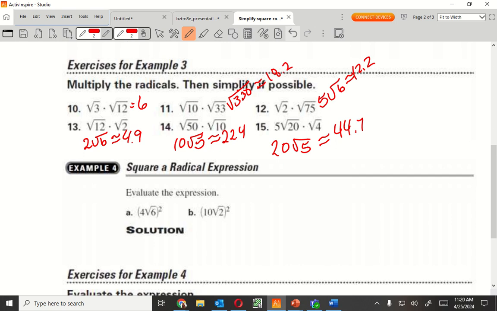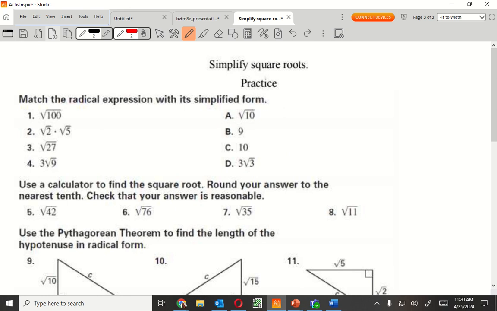Now, other people have been looking at the homework already, and one of the questions on the homework says, leave your answer as a radical. You don't have to round it, but your calculator will do this part for you.